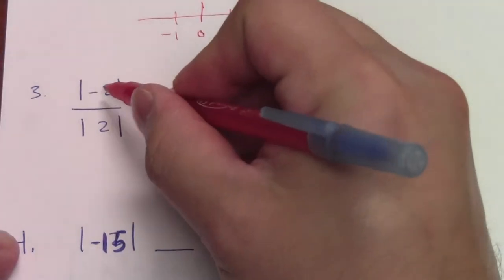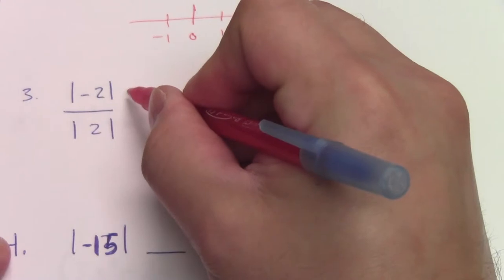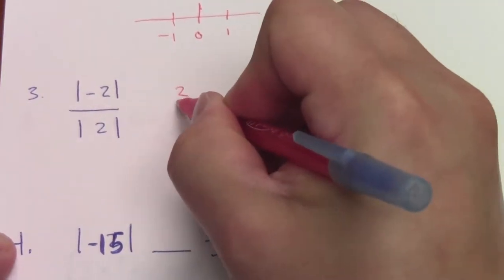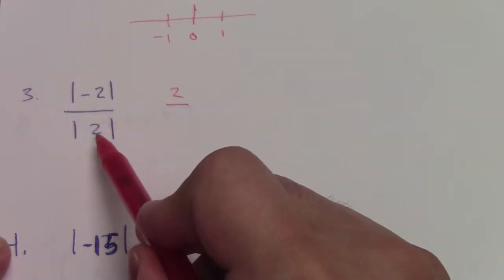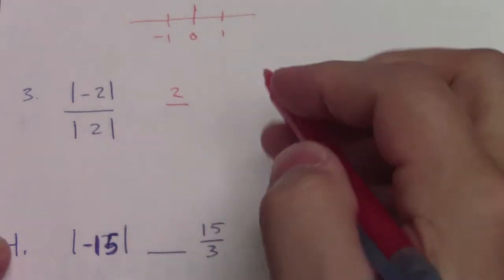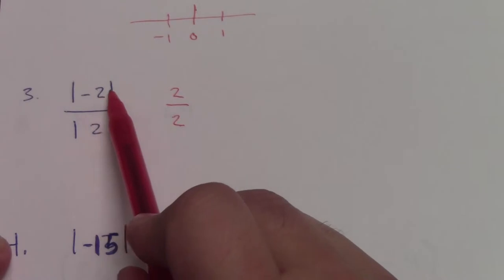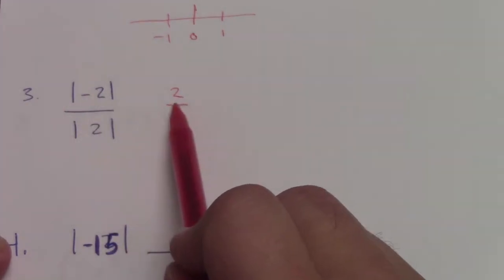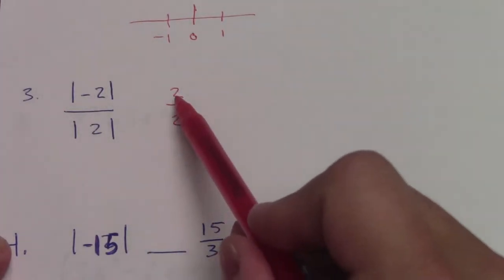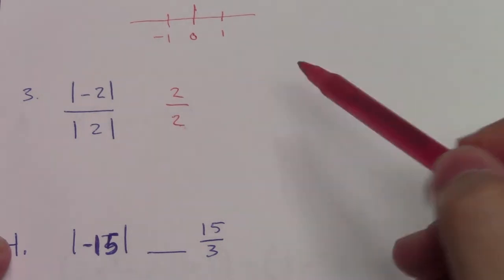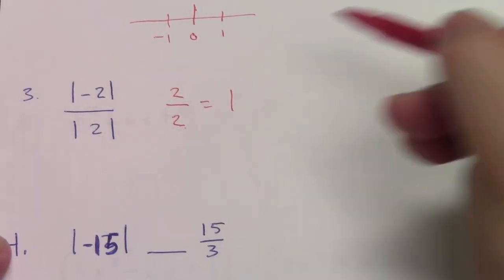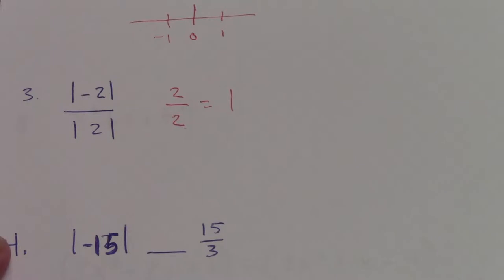So -2 is still 2 away from 0, so I'm just going to put 2. +2 is still 2 away from 0, so that's going to be 2 also. All I did was pull them out of the absolute value brackets. So I rewrote the problem, now I can solve it. 2 over 2 is really just 1. And that's it.